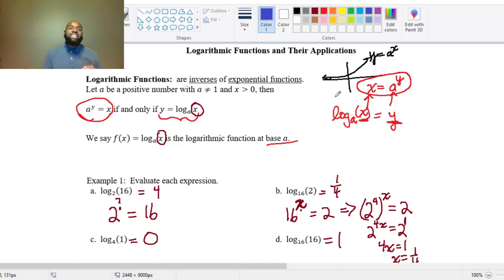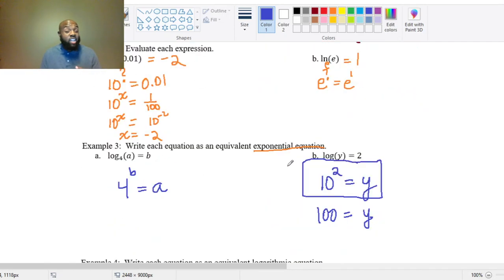Now, we've already said that when two functions are inverses of each other, their graphs are a reflection about the line y equals x, right? And so basically, if this exponential function looks like this, then our logarithmic function should look something like this so that we can have a reflection about the line y equals x. But let's look at an example and see if that actually happens.